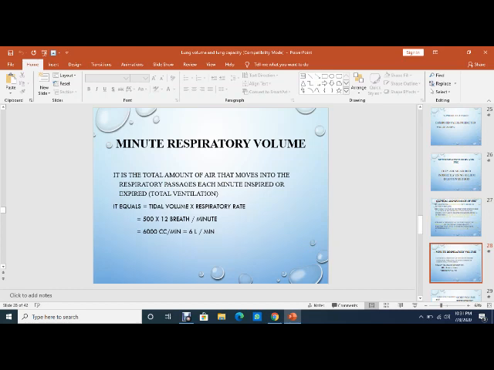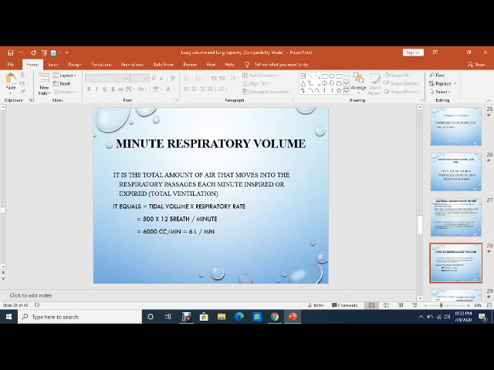Minute respiratory volume is the total amount of air that moves into the respiratory passages each minute, inspired or expired. It equals tidal volume times respiratory rate. For example, tidal volume is 500 ml and the rate is 12 breaths per minute.